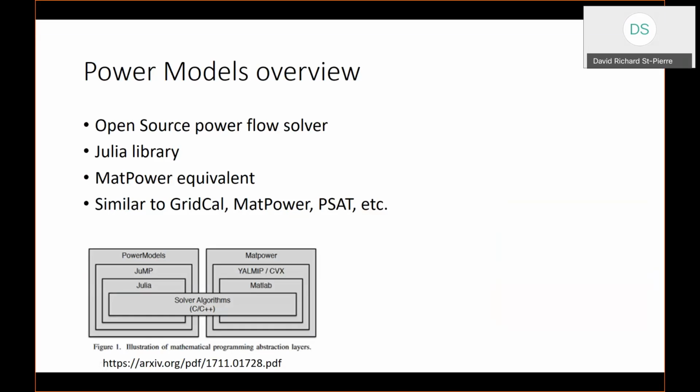The developers of PowerModels were aiming to design a higher level feel to the language, but still maintain the lower level speed and performance that a lower level language such as C will use.